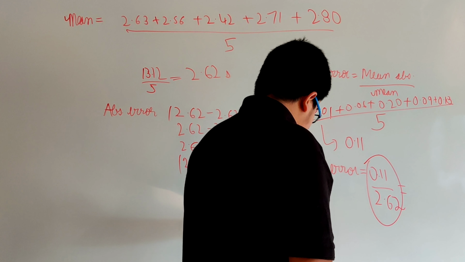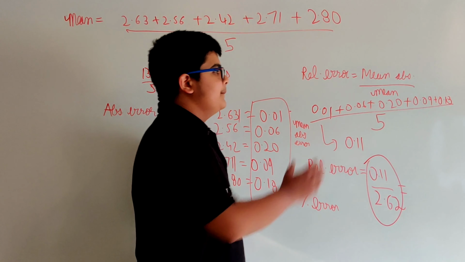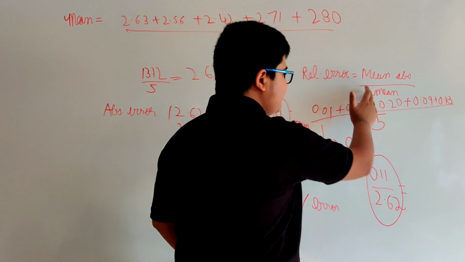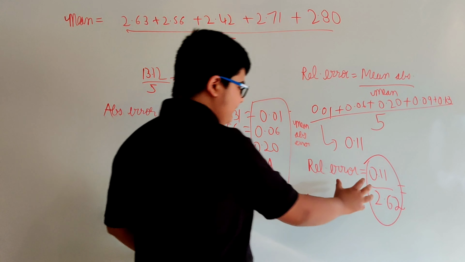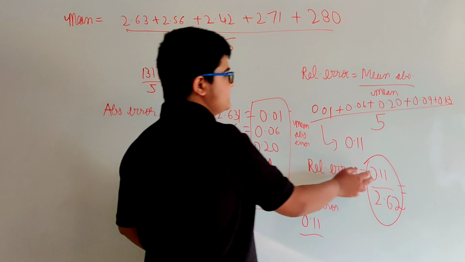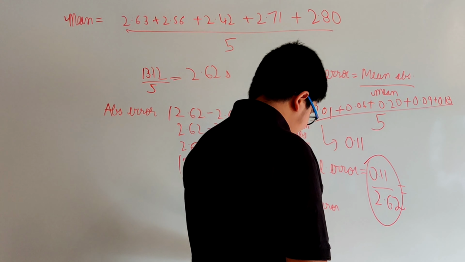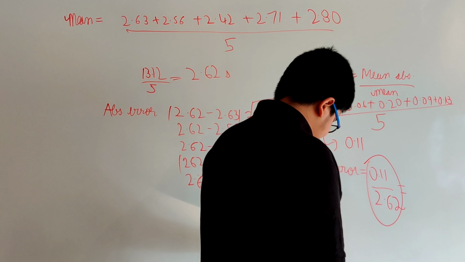So for percentage error, the formula is nothing but mean absolute error upon mean into 100. So basically what we have to do is take this relative error and multiply it by 100, because this relative error is mean absolute error upon mean, to get the percentage error.